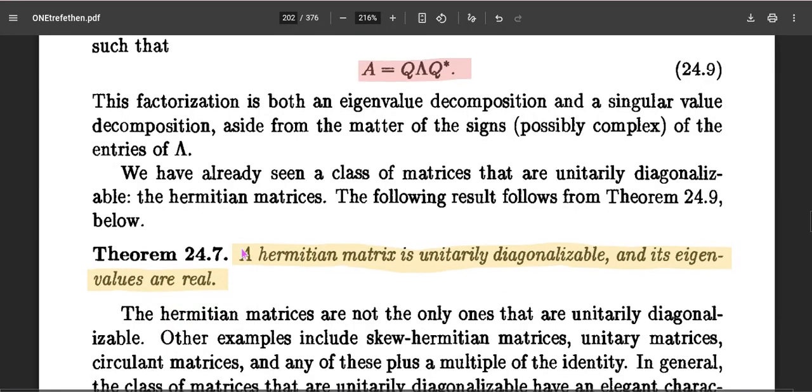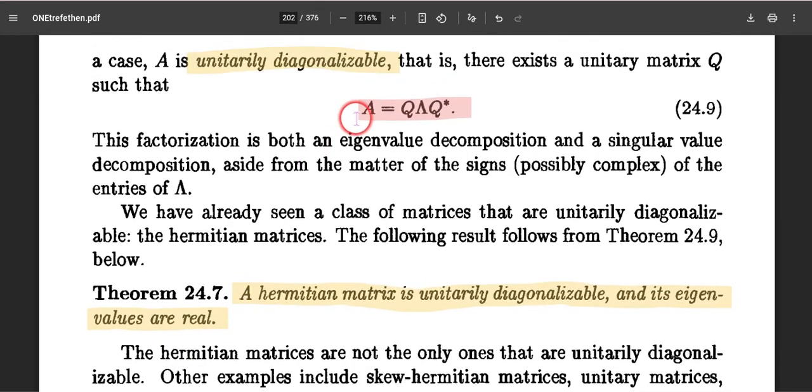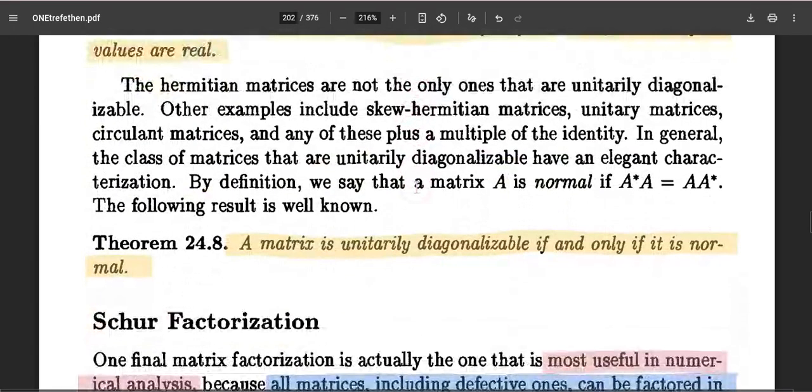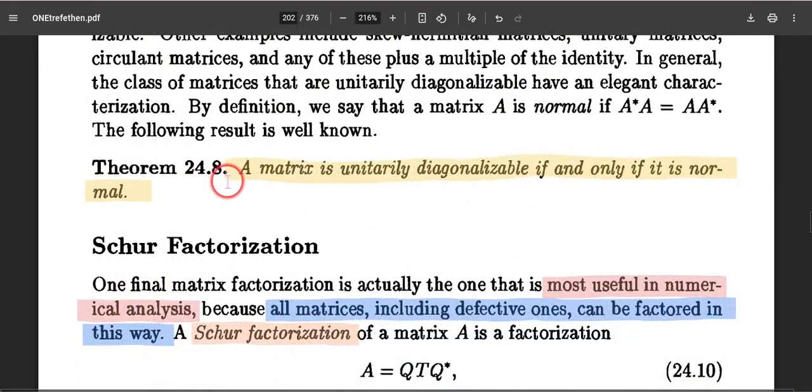Only a Hermitian or normal matrix has this kind of unitary diagonalization. That's what it says in theorem 24.8: a matrix is unitarily diagonalizable if and only if it is a normal matrix.